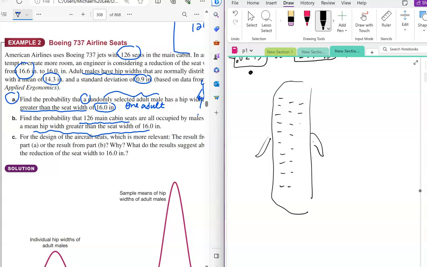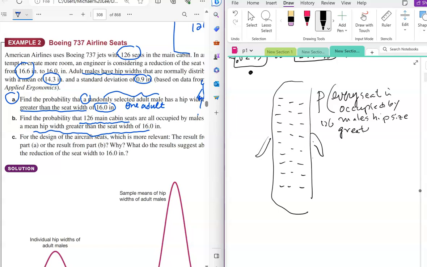What is the probability that every seat is occupied by a male, by 126 males, with hip size greater than 16 inches? That is the probability we're trying to get.